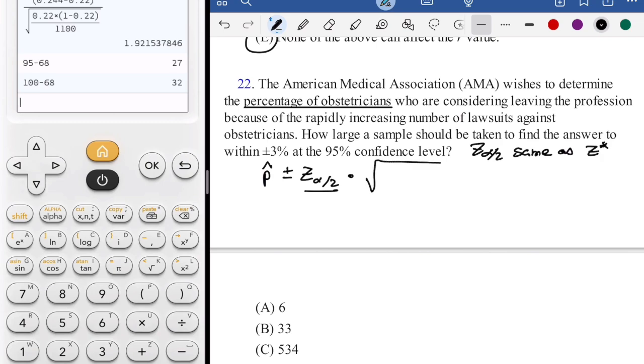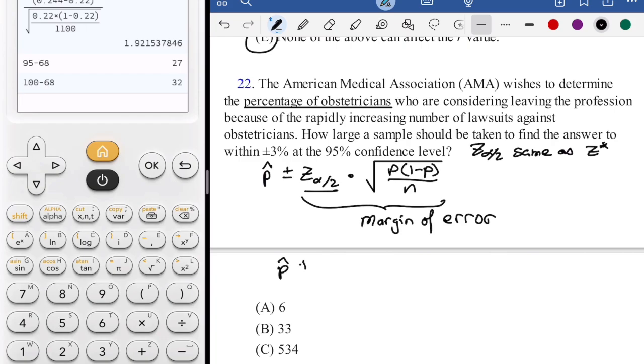Times the square root of P times 1 minus P over N. All right, this part here is your margin of error. All right, so that whole thing really just kind of boils down to P hat plus or minus 0.03.